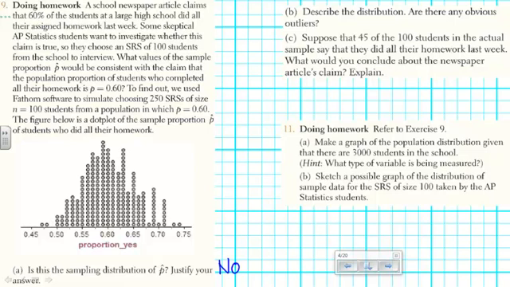But how do you know they did all? How would they know they did all? Let me do a for instance. Okay, now this is sample size 100. How many samples would it take to do all possible samples of size 100?